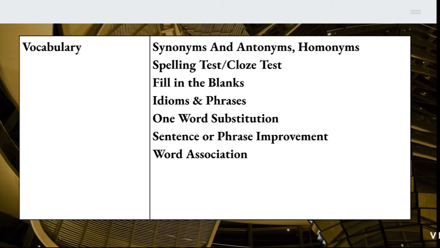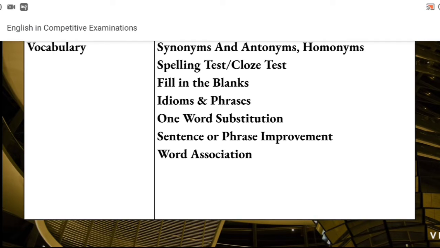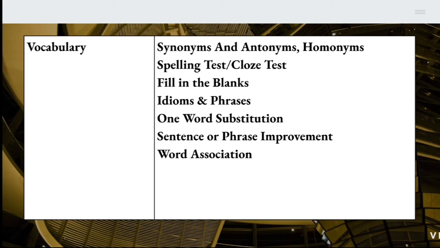Fill in the blanks with appropriate articles, prepositions, and suitable words. Idioms and phrases. You know what an idiom is? An idiom is a phrase where the literal meaning and the actual meaning of the phrase are different.